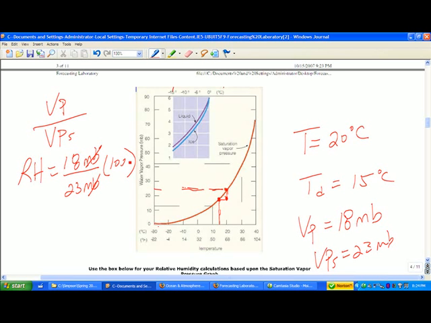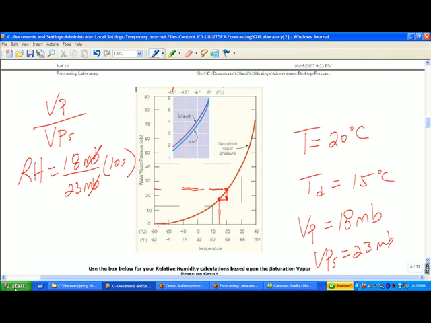So on your own, take 18 divided by 23. 18 divided by 20 is 90. And so we're not quite there. So 18 divided by 23 is probably going to be somewhere in the 70% range, I'm guessing. I guess I could pull out a pen and a piece of paper to do that. My calculator wouldn't work and I couldn't figure out how to use my cell phone calculator, so I'm going to go old school and divide it out by hand.